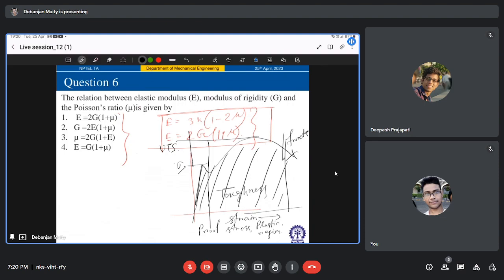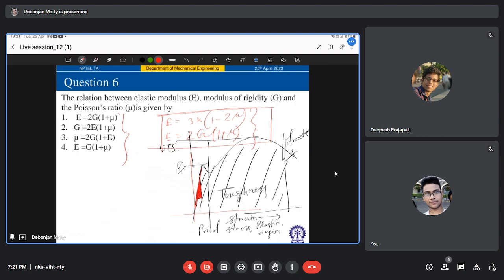So the modulus of elasticity of a ductile material, how will you define that? This is the slope, basically, in the elastic region. So this is the stress upon strain, and that slope will be known as the rigidity value or modulus of elasticity in normal tension or compression.